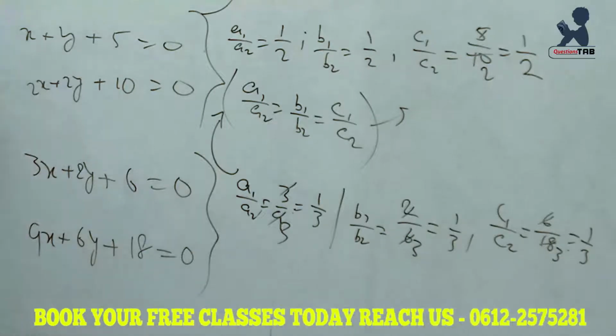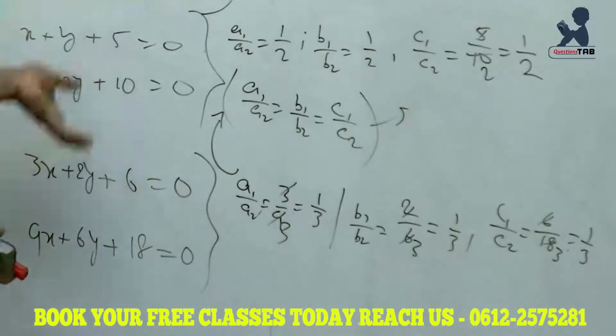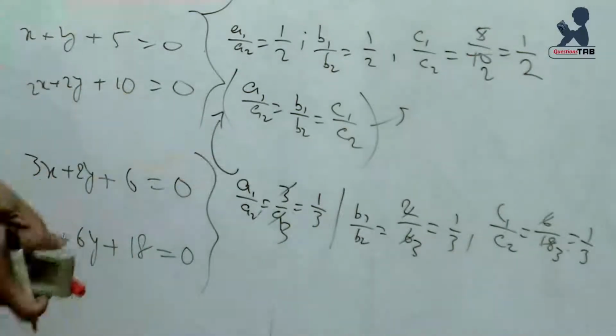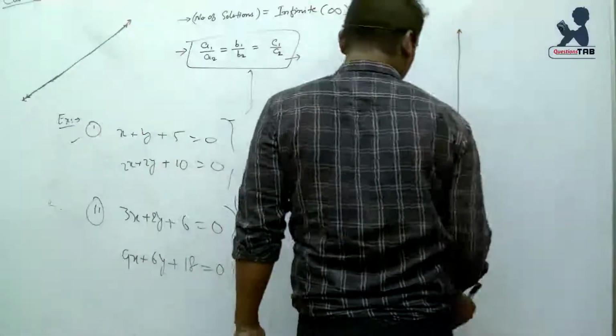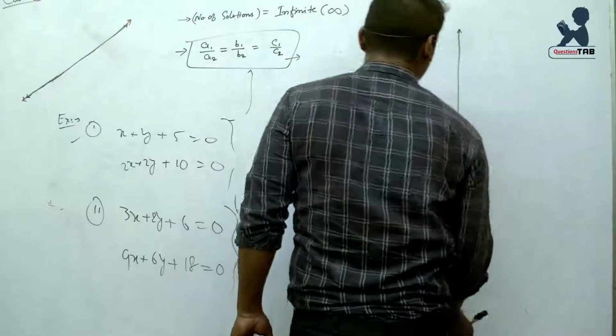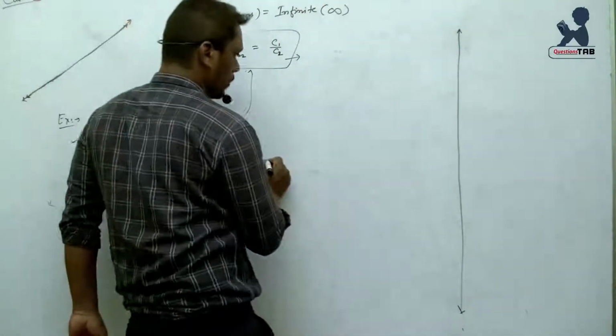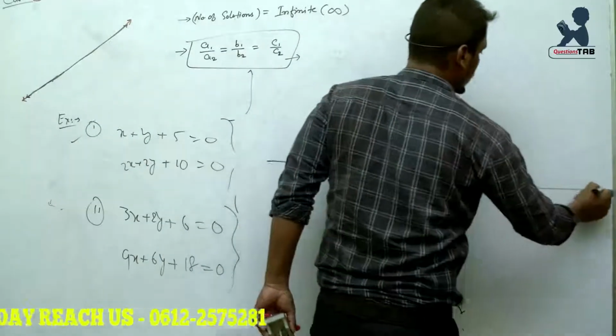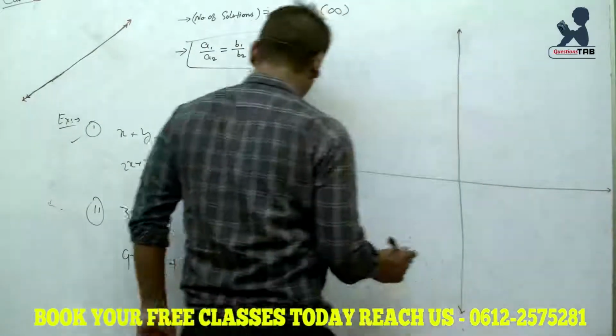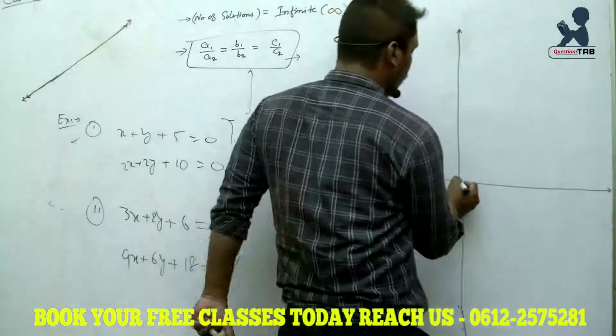Okay, so let's draw this on the number line and check which type of graph we are going to find. So it's our origin.